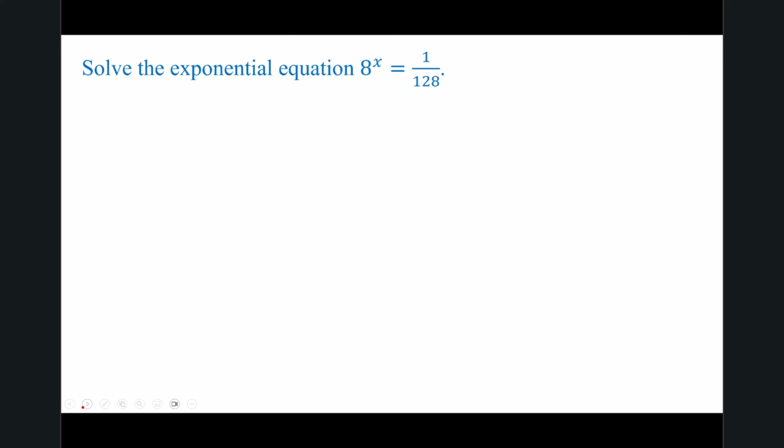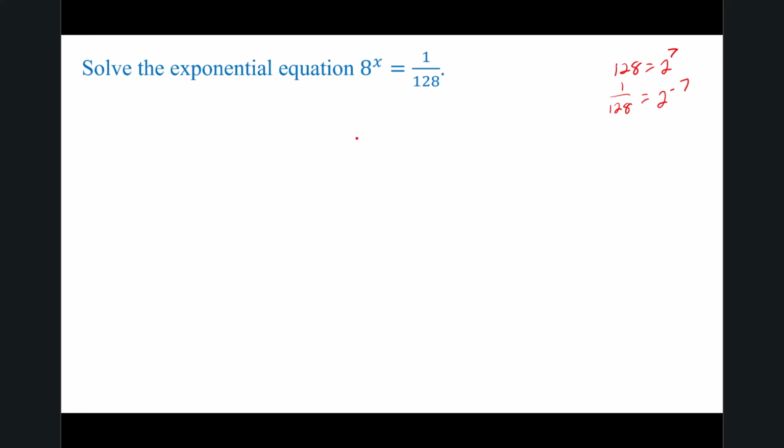Let's try this one. I have 8 to the x equals 1 over 128. So 128 is 2 to the 7th power. And if you don't know that, you can play around with your calculator to find the right exponent to write these as the same base. So if 128 is 2 to the 7th power, then 1 over 128 equals 2 to the negative 7th power.